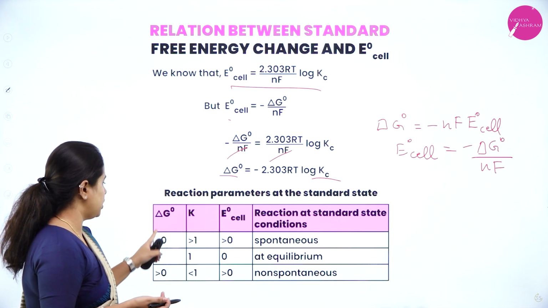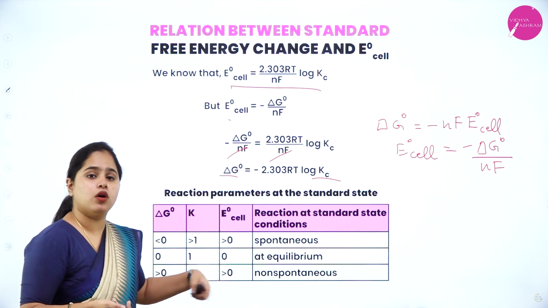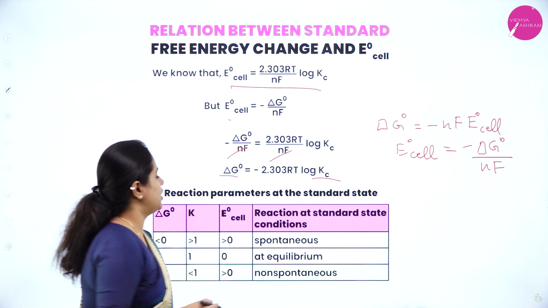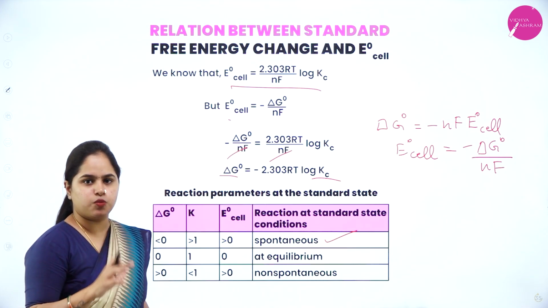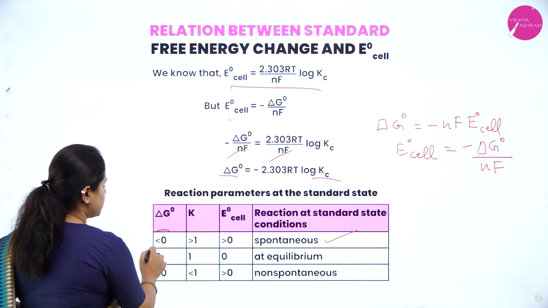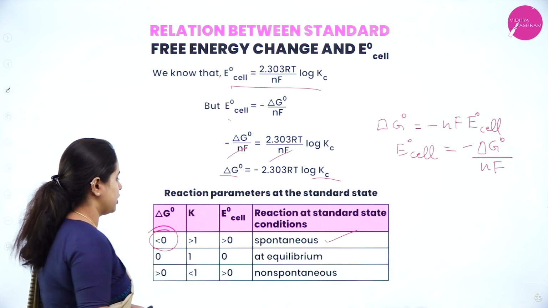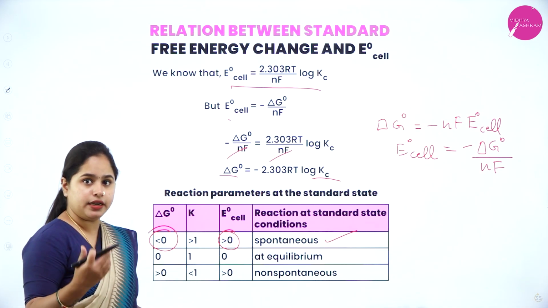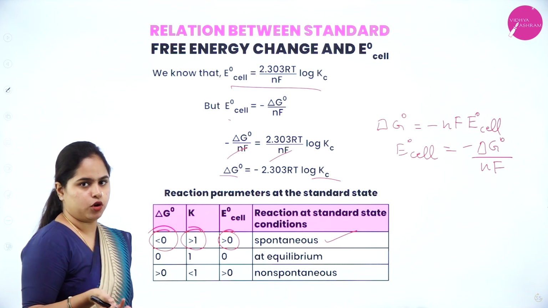So if delta G naught is less than 0, your K will be greater than 1 and E naught cell will be also greater than 0. Hence, we'll say the reaction is spontaneous. So to check whether a reaction is spontaneous, always your delta G naught value will be less than 0, or E naught cell value will be greater than 0, or K value will be greater than 1. That is your equilibrium constant.